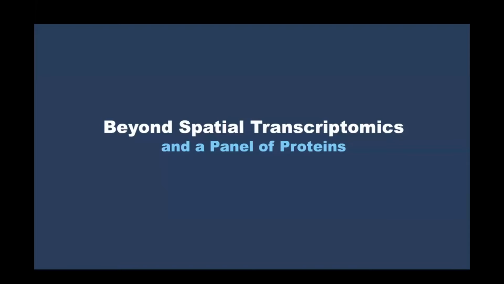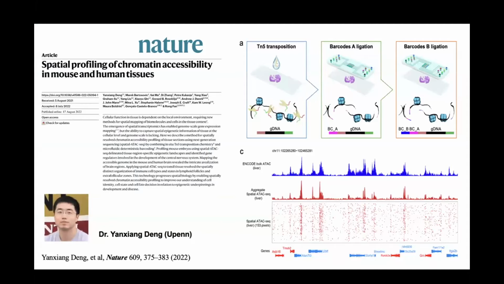Beyond the spatial analysis of gene expression and a panel of proteins, we were very interested in the mechanisms that control the expression of the genes, such as at the epigenetic level. Those papers have been published.